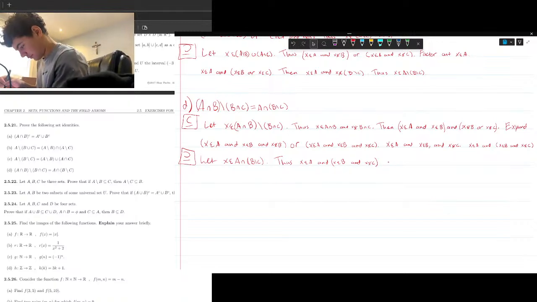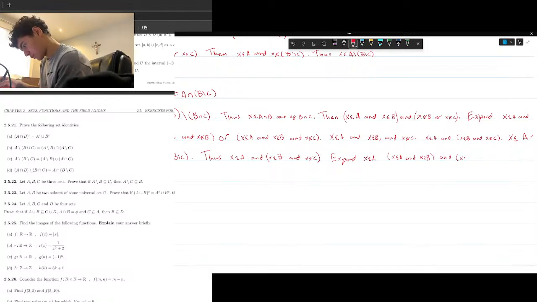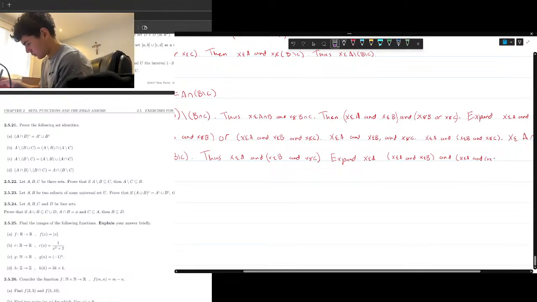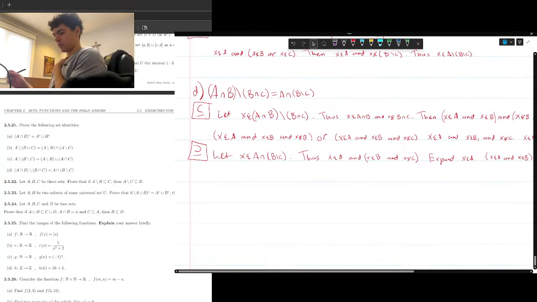Expand the A in. It's not really what we're looking for though, is it?